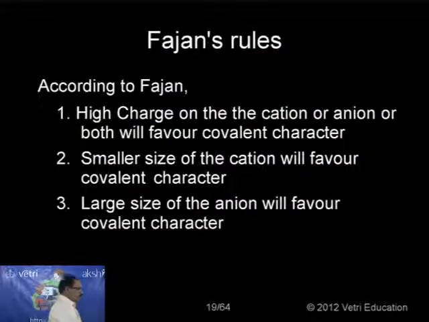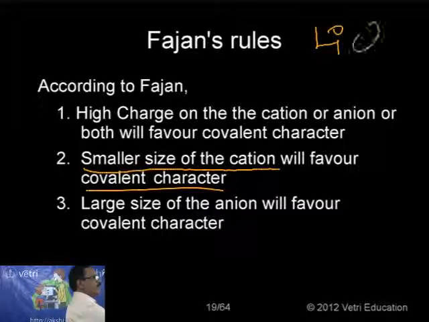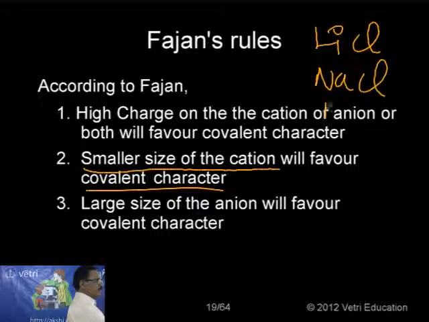The next one: smaller size of the cation will favor covalent character. That is the most important. Okay, let me take it again and give an example now. Lithium chloride, sodium chloride, potassium chloride, like that we will go.